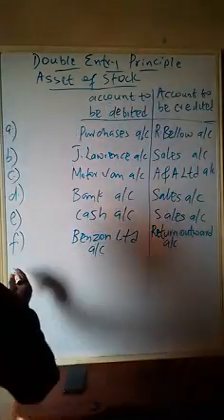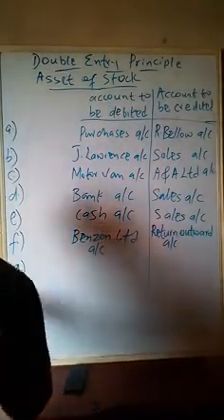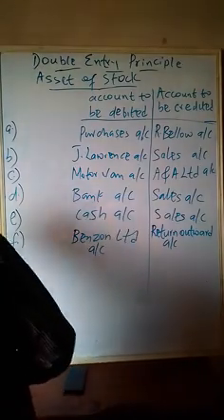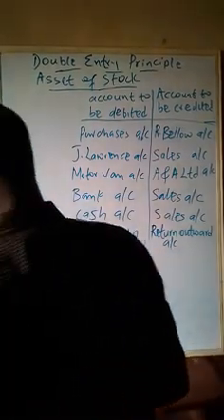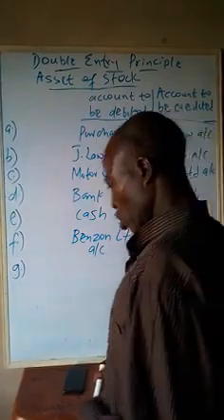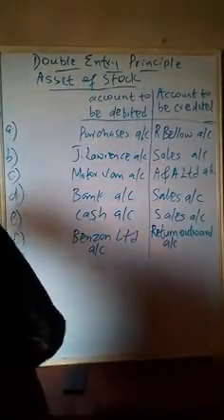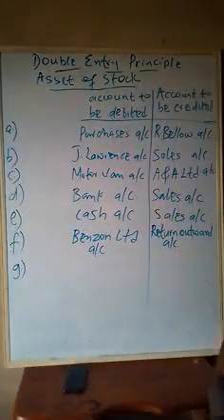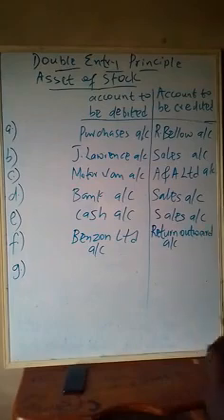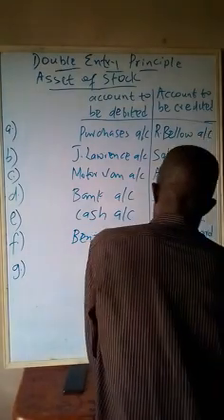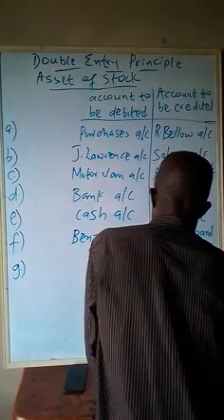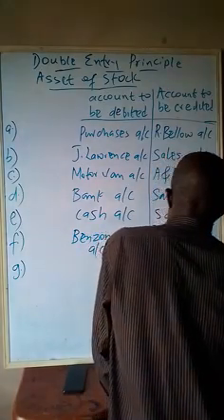Next, G, goods returned to us by Teddy. That involves returns inward account. Teddy gives out, so Teddy account.